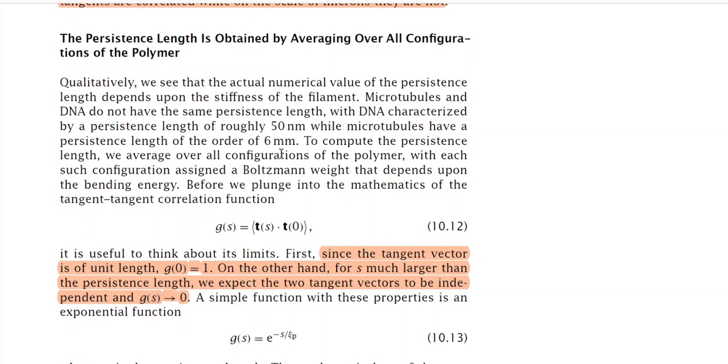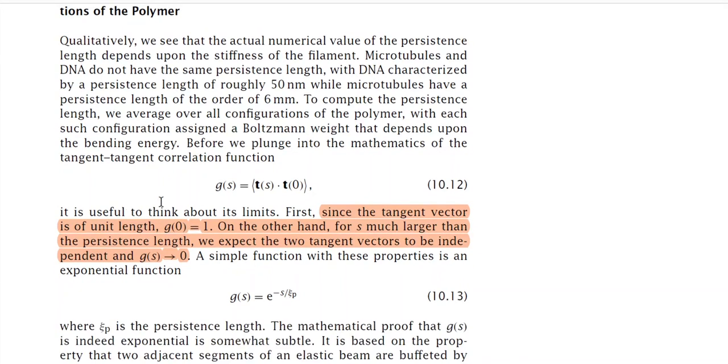To compute the persistence length, we average over all configurations of the polymer, with each such configuration assigned a Boltzmann weight that depends upon the bending energy. We have already defined the tangent correlation function. It may be defined as GS is equal to TS dot T0, supposing we are starting from 0.